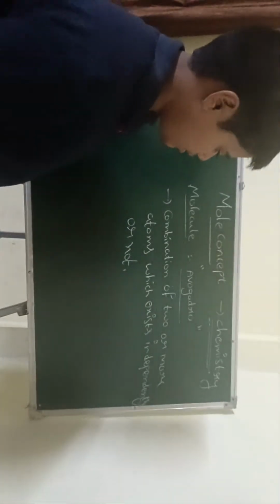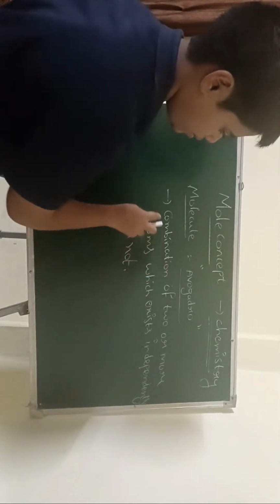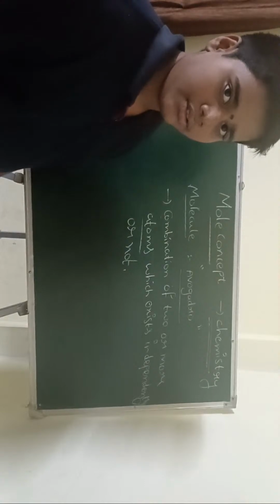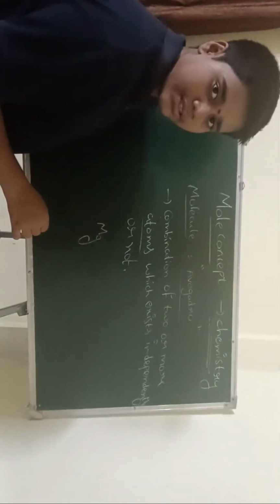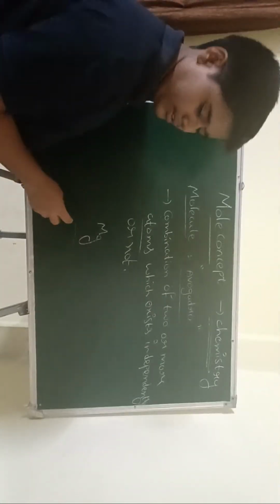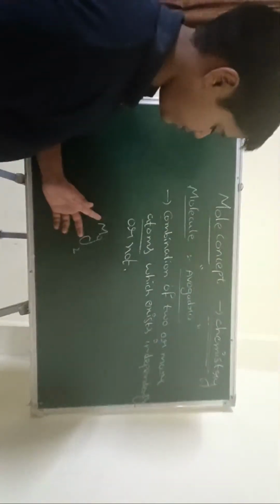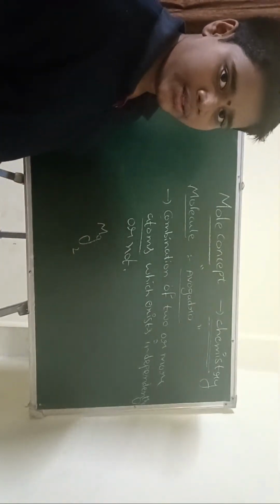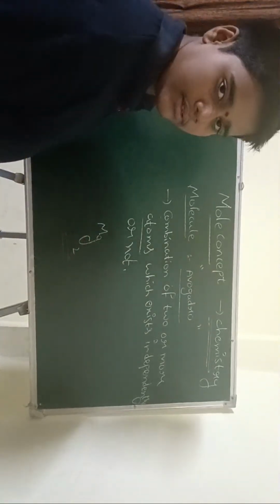Here, molecule means combination of two or more atoms which exist independently or not. For example, magnesium does not exist independently like this; Mg2 means a molecule, the combination of two magnesium atoms, so it can exist independently.